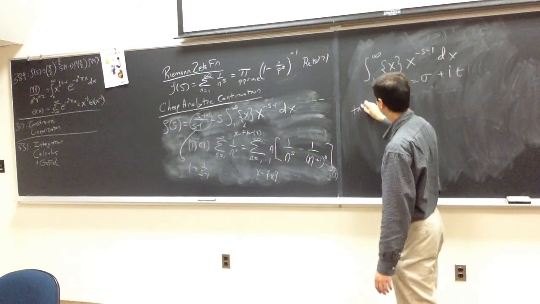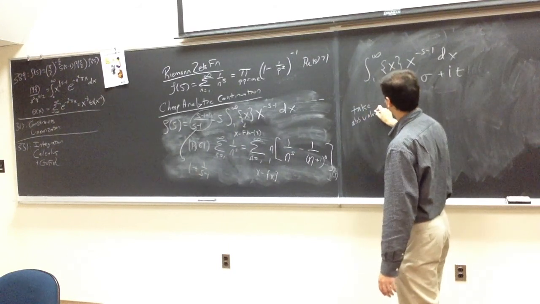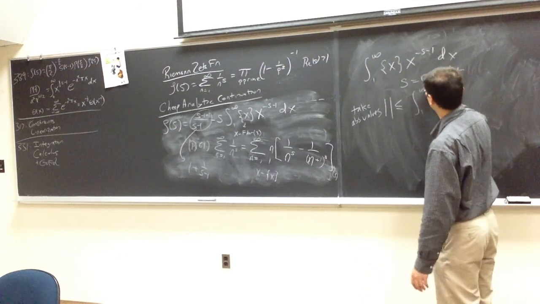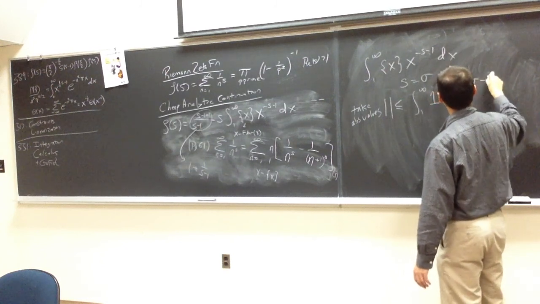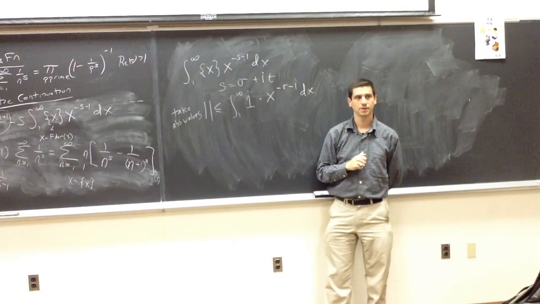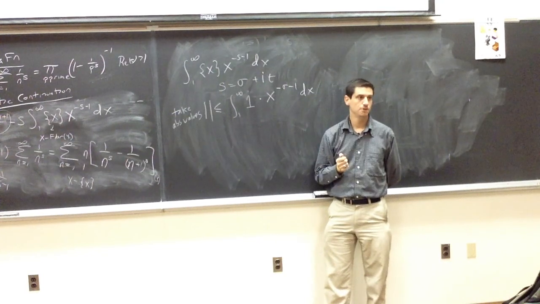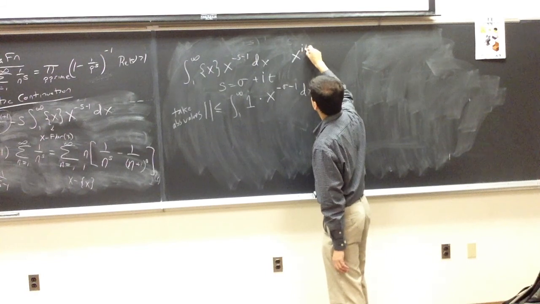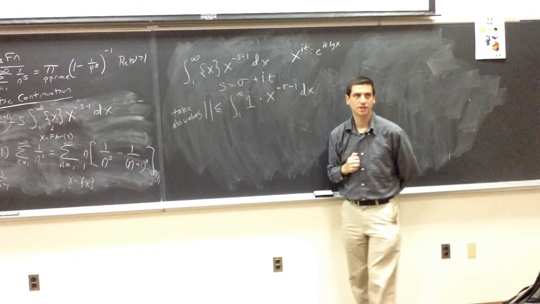If we take absolute values, the absolute value will be less than or equal to the integral from 1 to infinity of 1 times x to the negative sigma minus 1 dx. And the reason is, the absolute value of x to the it is 1. x to the it is e to the it log x, and that's going to just be 1.